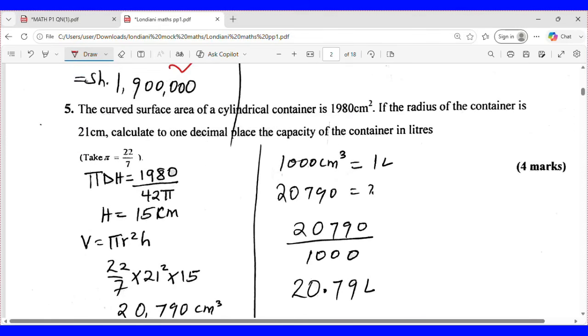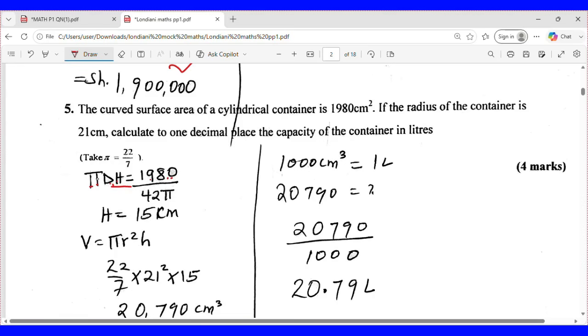So the curved surface area is actually given by pi dh. Pi dh gives us the total curved surface area of a cylindrical container. So because pi dh now is 1980, we need to get the height.